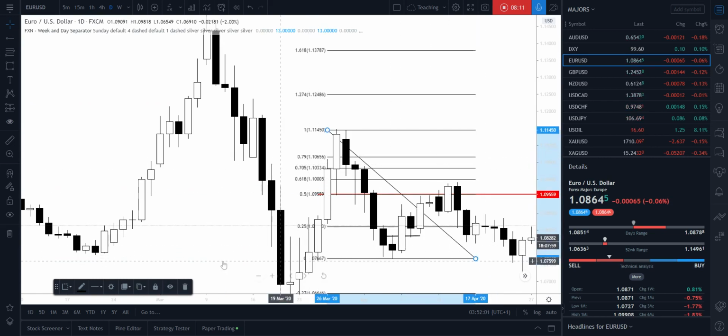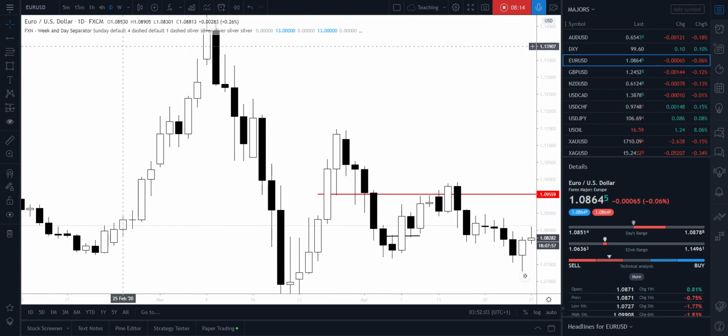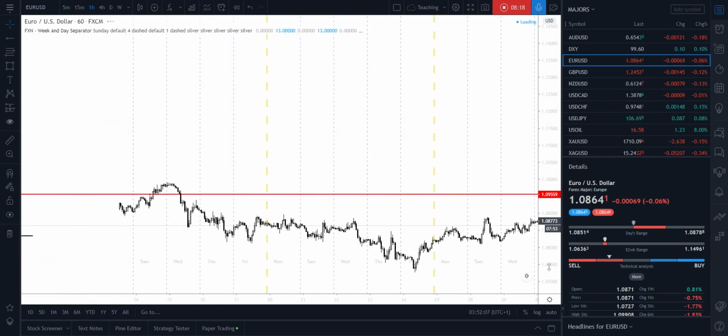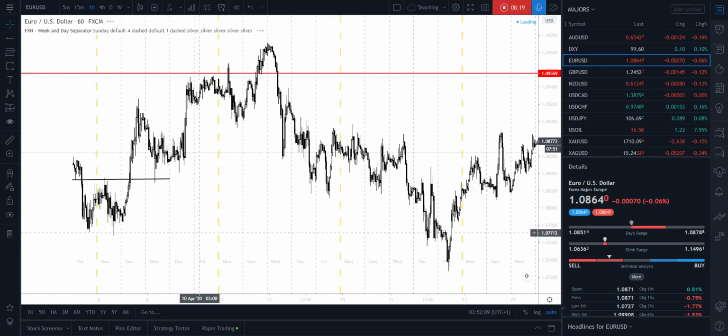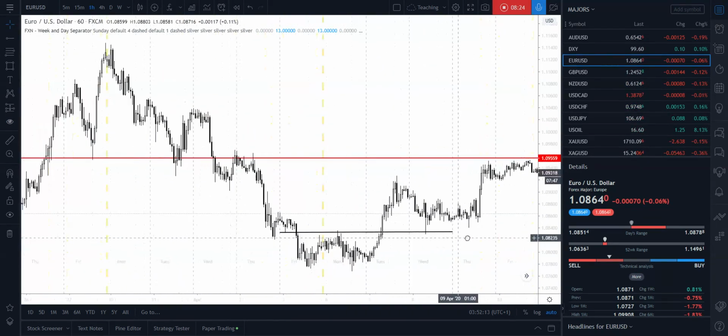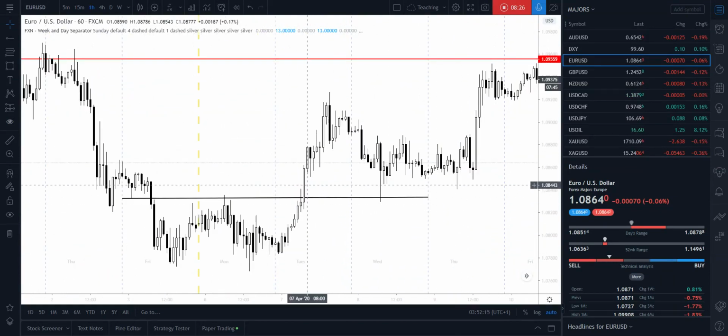Okay, and then now let's drop that to the 1 hour time frame, and then you will see the magic right there. Okay, right there, that's when we traded above this day right there.